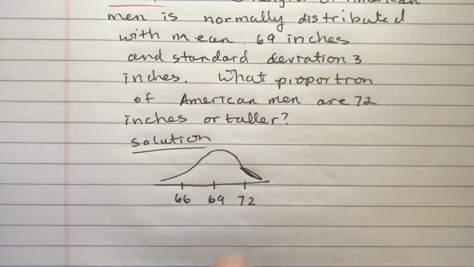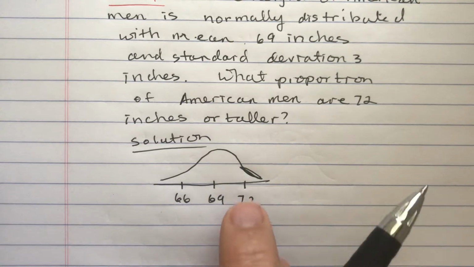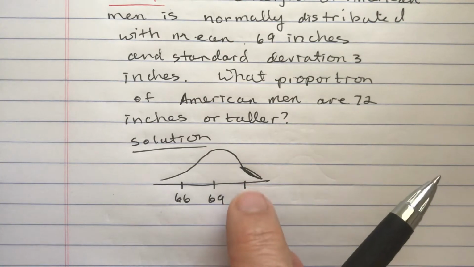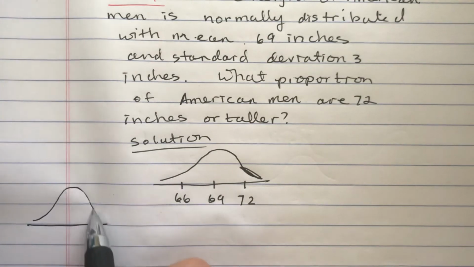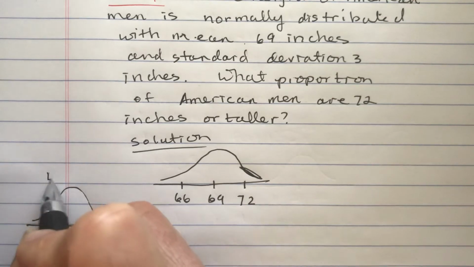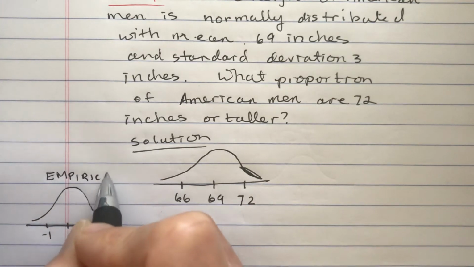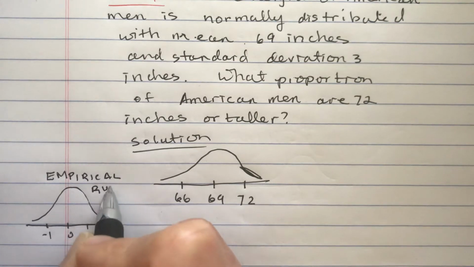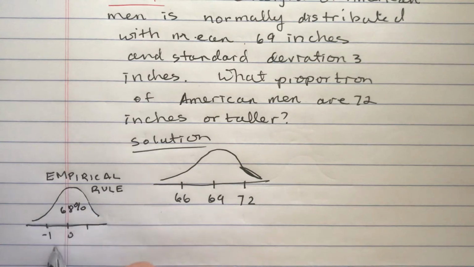Why am I talking about that? Because the standard deviation tells us how spread out this curve is. By using the empirical rule, you can figure this problem out, because if these are standard units, then we have 68% in the middle.